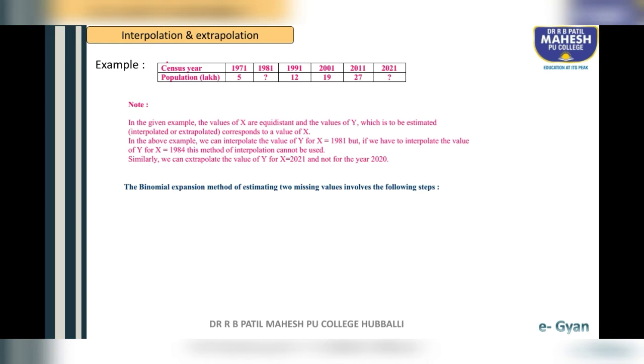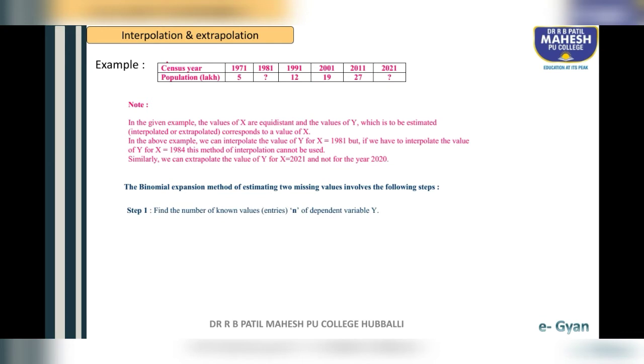You know how to find the missing values. But in the first year we find only one missing value, whereas in the second year syllabus you have to find two missing values. The procedure is the same. To find one missing value you need one equation. Here in second year we have to find two missing values, meaning we require two equations. So let us see the procedure.